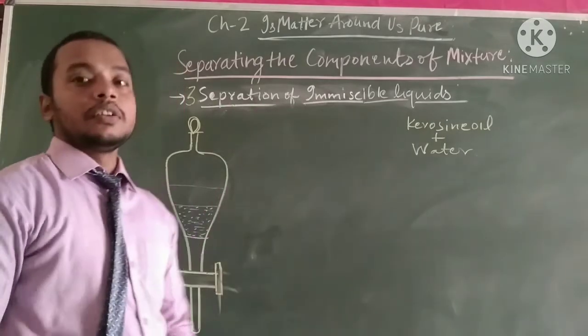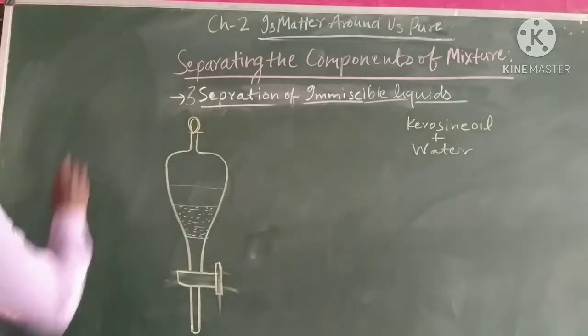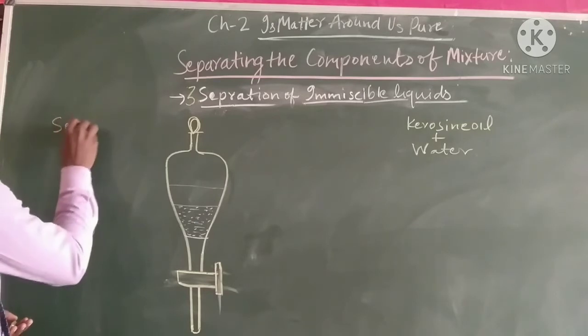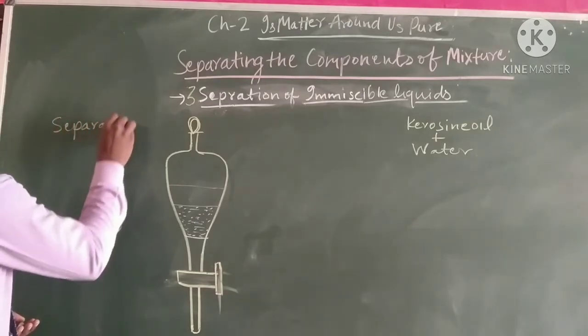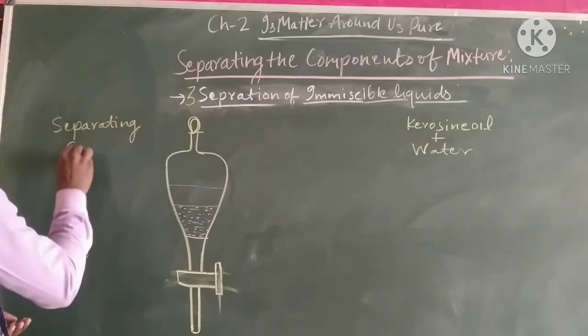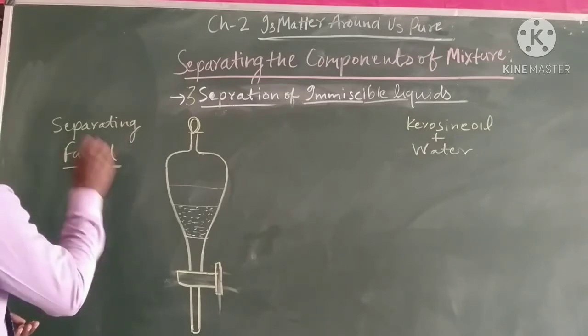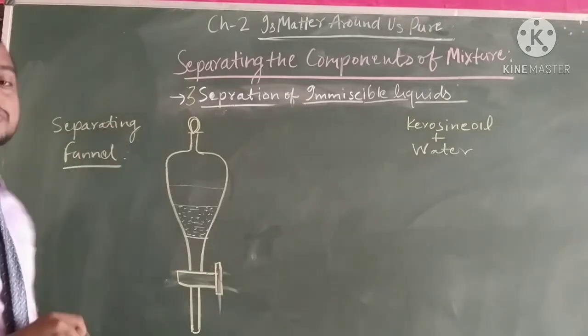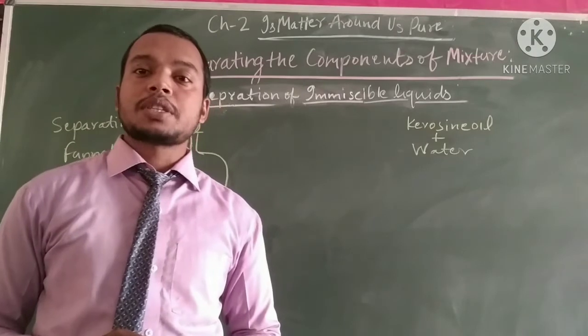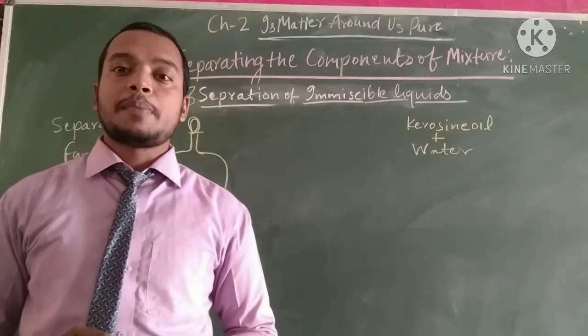I am drawing here. This is a separating funnel. How do we separate the immiscible liquid with the help of a separating funnel?